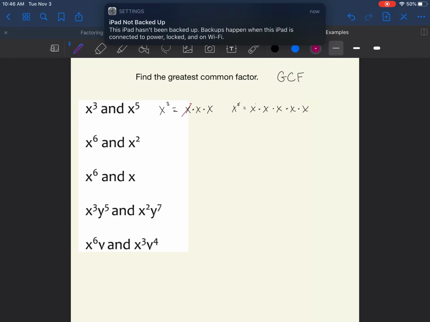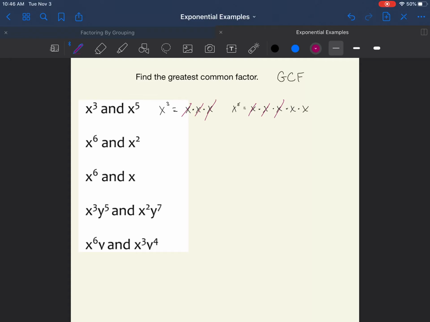I can cross out an x here and an x here, and so on, until I'm out of x's to cross out. How many did I cross out in each term? I crossed out 3 here and 3 here. So my greatest common factor is x to the third power, because I can pull that out of each one.